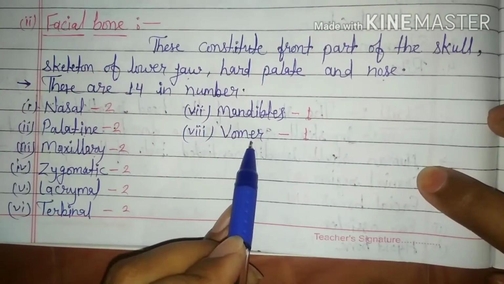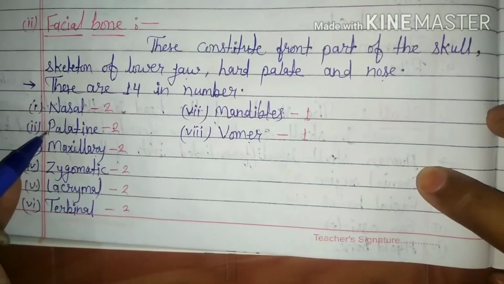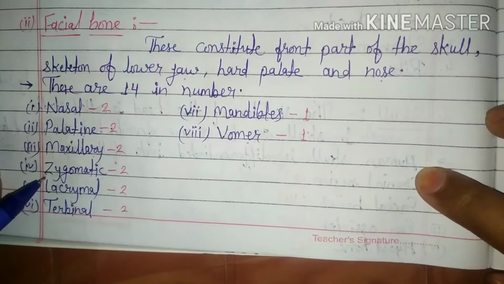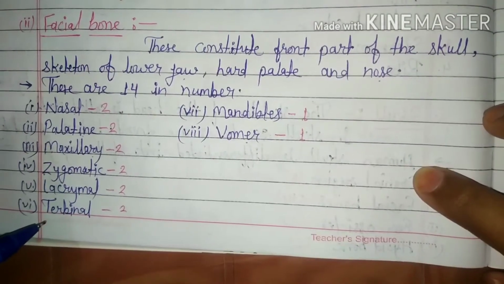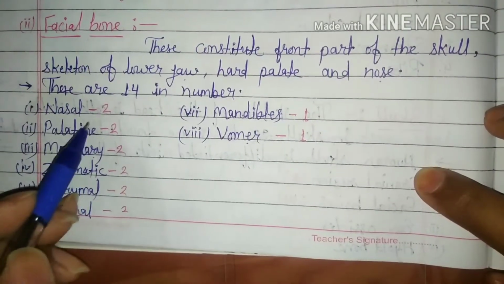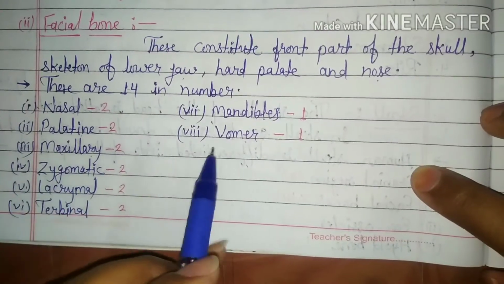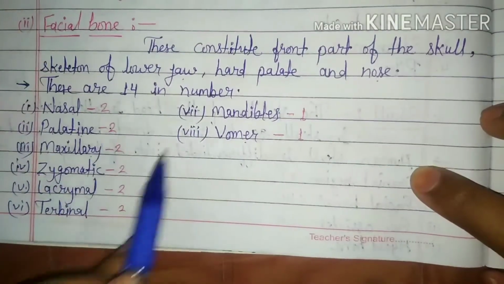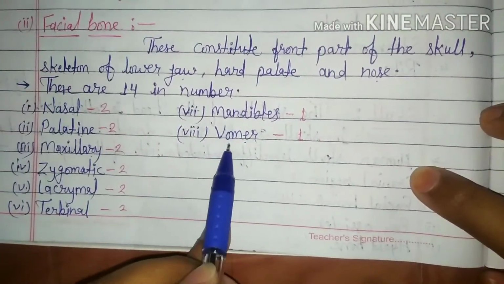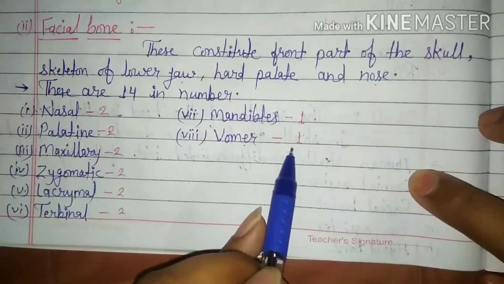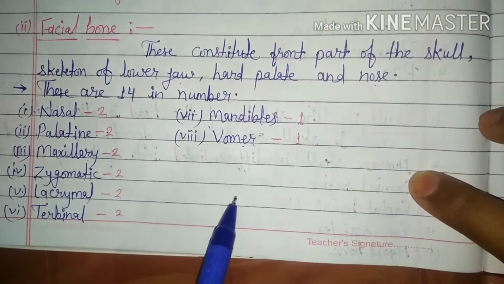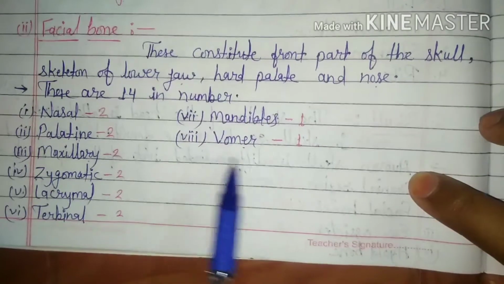But nasal, palatine, maxillary, zygomatic, lacrimal and turbinal are paired, two in number, but mandibles and vomer are unpaired. So total number 14.